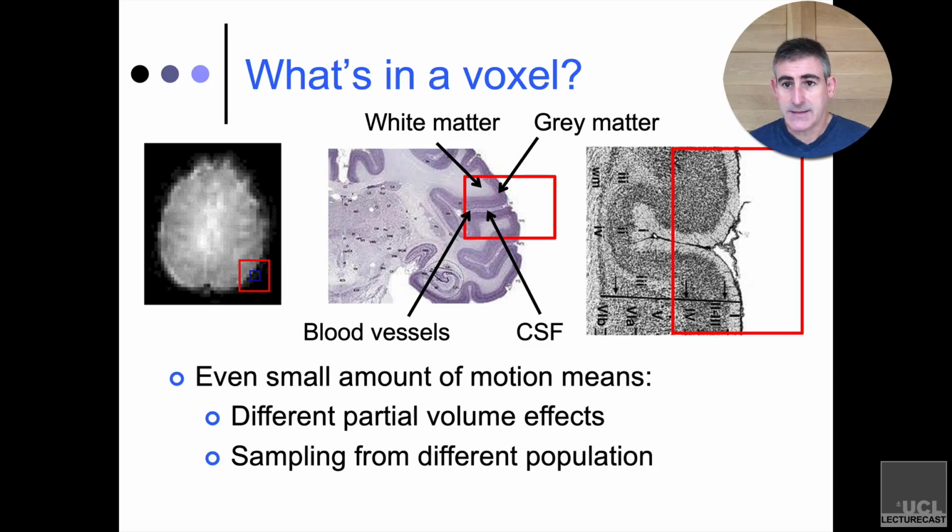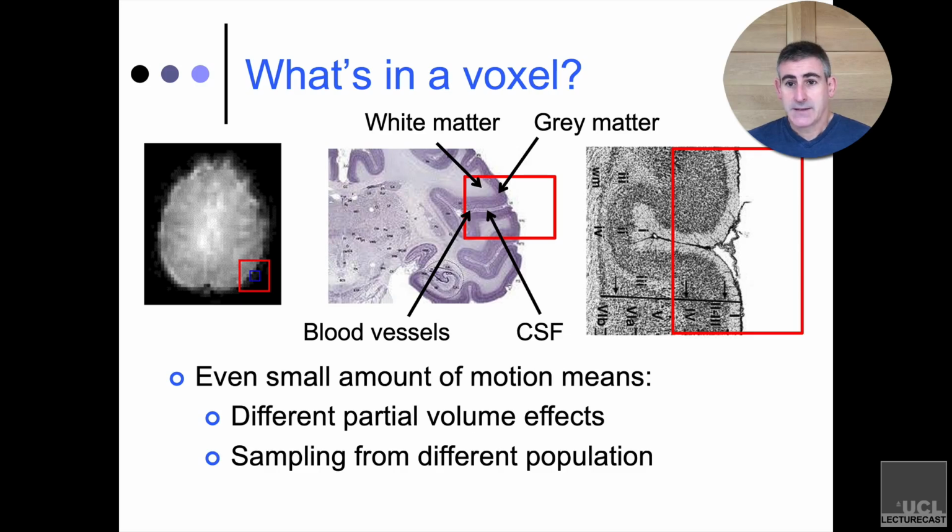And what that means is even small amounts of motion, a millimeter, maybe even less, change the particular proportion of the material that are generating the signal. So by simply shifting this, like rotating it a little bit in one direction, you could, for instance, increase the amount of white matter, decrease the amount of gray matter, and perhaps you don't affect cerebral spinal fluid and blood vessels in this particular case.